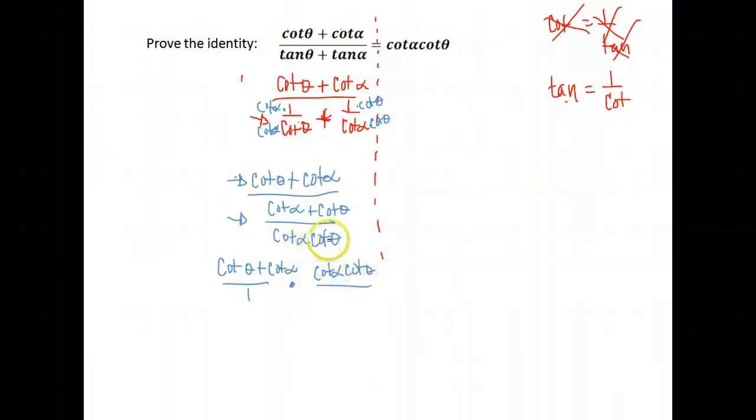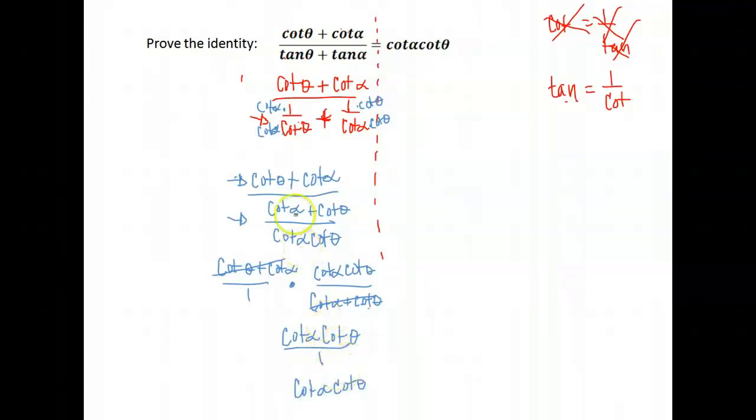That gives me cotangent theta, cotangent alpha on top now, and cotangent alpha plus cotangent theta in the denominator. Well, notice what happens. Here I have a cotangent theta plus cotangent alpha, and here I have the same. So I can cross cancel, and that leaves me with cotangent alpha, cotangent theta over 1, which is really just cotangent alpha, cotangent theta.